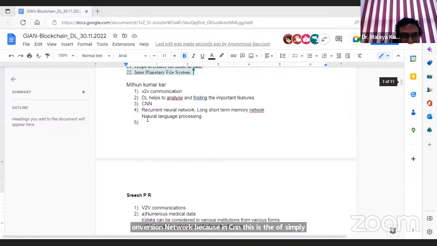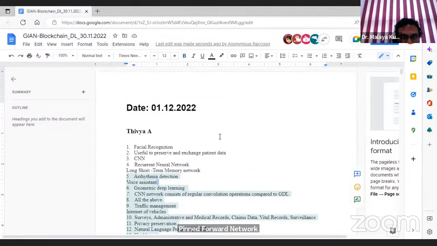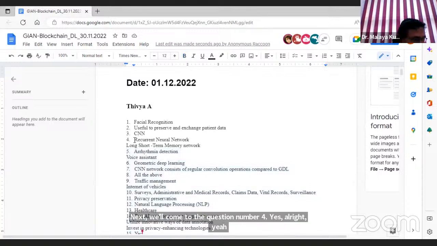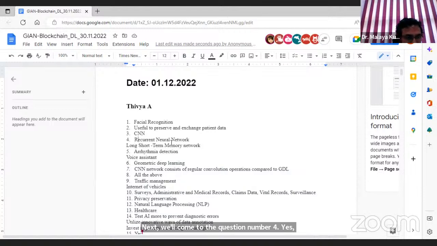Next, we'll come to question number 4. RNN and LSTM stand for dash. Yes, already we have discussed. There are different types of deep neural networks. One of these is CNN, and another is the recurrent neural network, which we have also discussed.